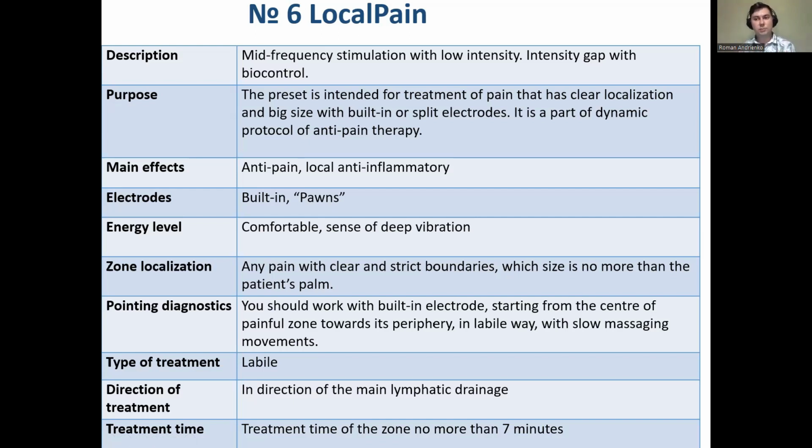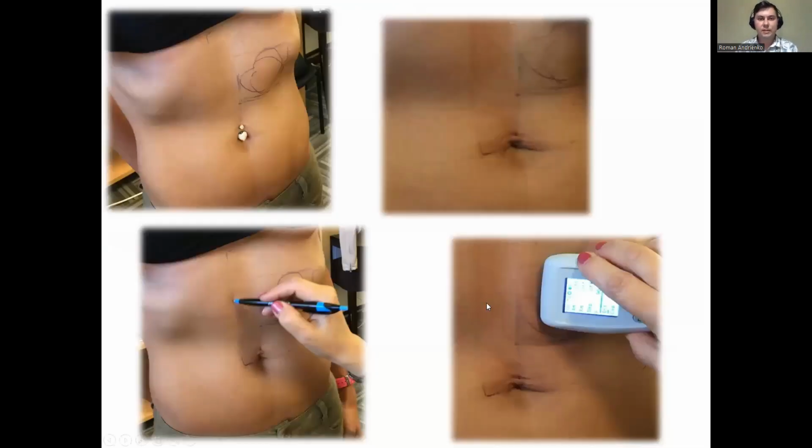Also, if it's possible, if you know the map of the lymphatic pathways, it would be great if you work in the direction of the main lymphatic pathways and the main lymphatic drainage. Again, spend no more than 7 minutes per zone. Good example. We identified the painful zone.